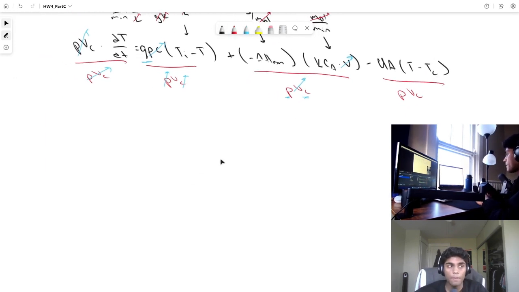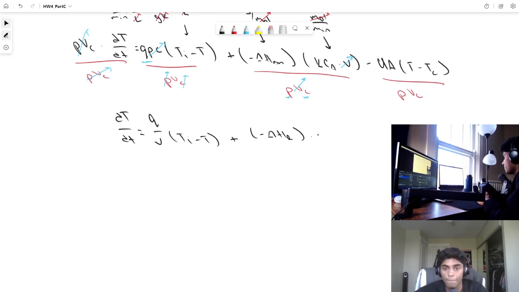So when we rewrite this all out, we get the differential of temperature with respect to time is equal to Q over V times the initial temperature minus the final temperature plus the negative heat of reaction times KCA over rho times C minus the heat loss due to the cooling jacket over rho VC.